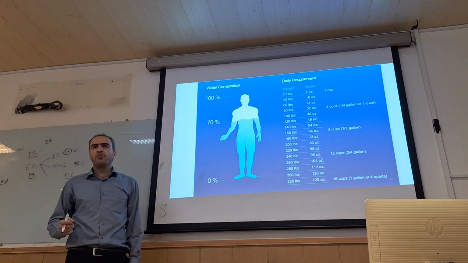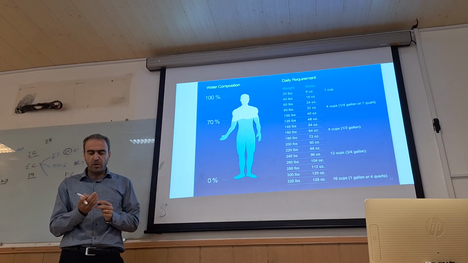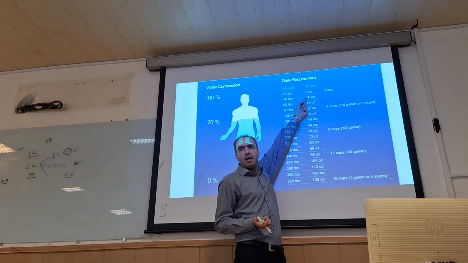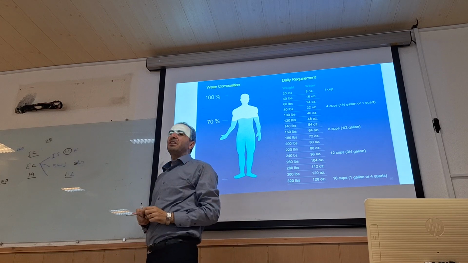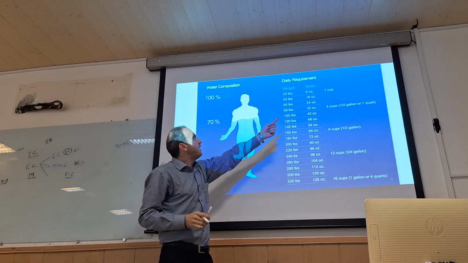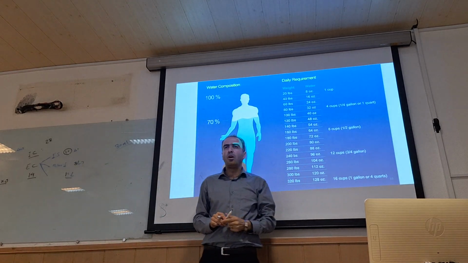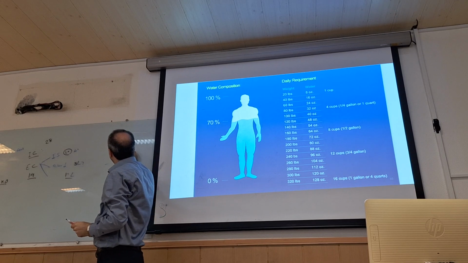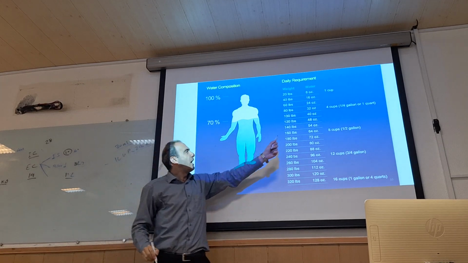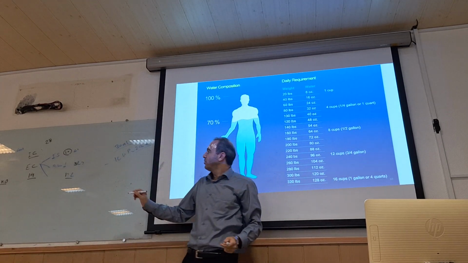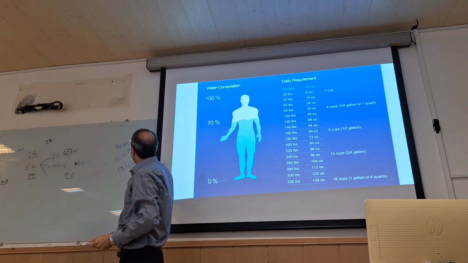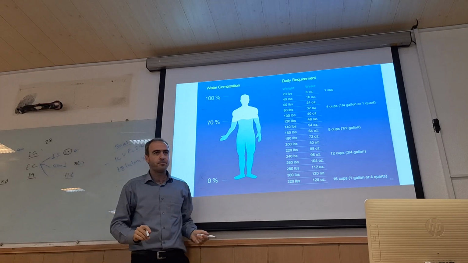Here also, for extra information, is the amount of water your body needs. It's ounce. Each ounce is equal to 30 milliliters. Okay? And each 8 ounces is equal to 1 cup. 1 cup is equal to nearly 240 milliliters. And 1 gallon is equal to how much? 16 cups, 3.7 liters.